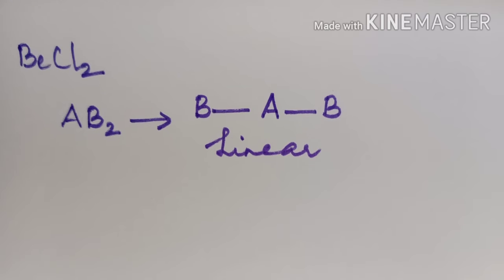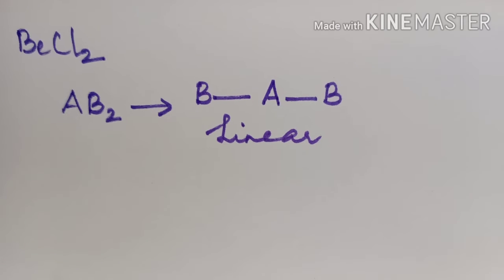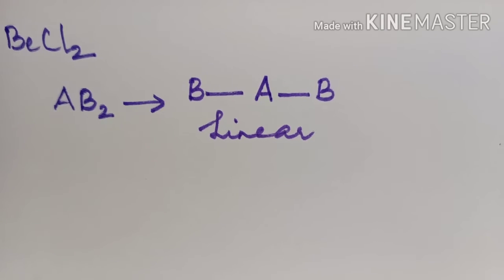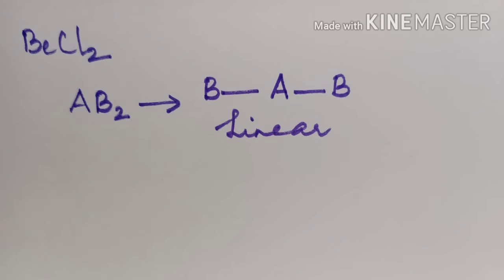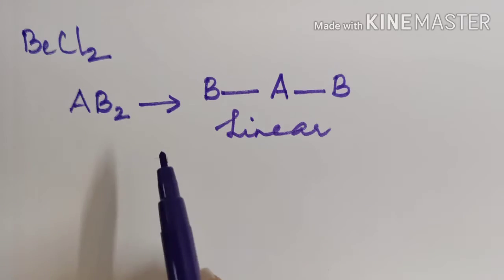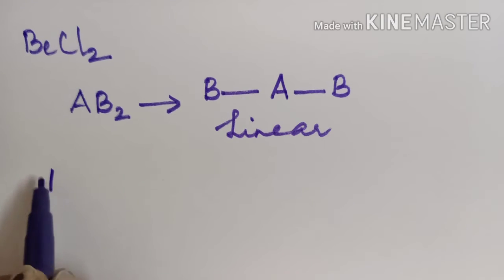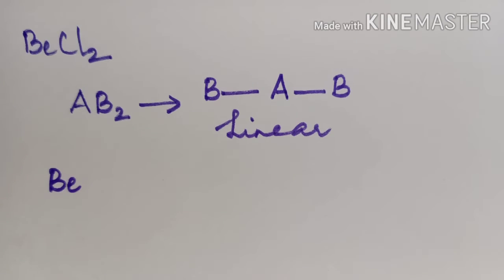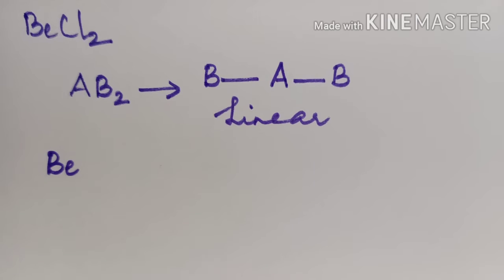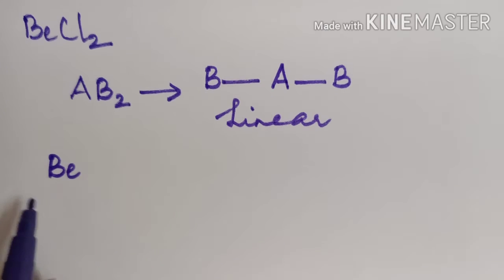We'll check whether it gives linear geometry according to hybridization. The molecule taken here is beryllium chloride, and beryllium is the central atom. So write down the configuration of beryllium in the ground state.